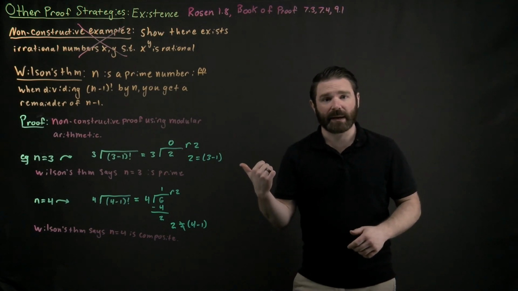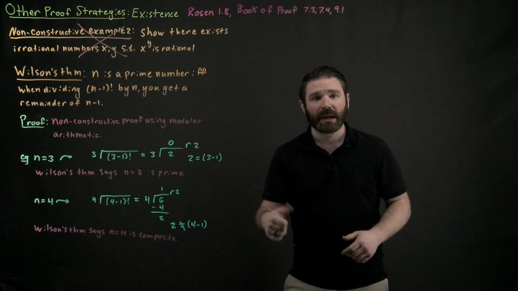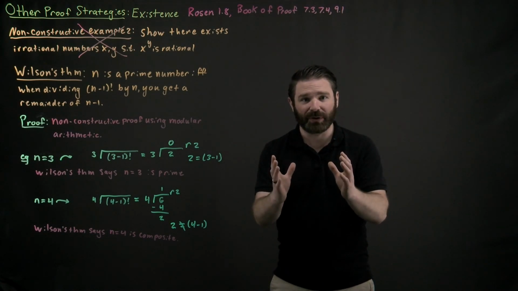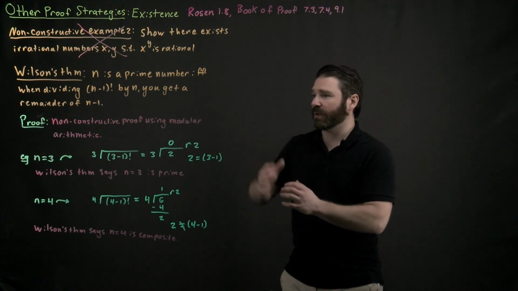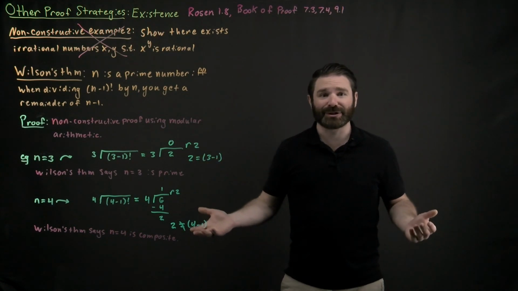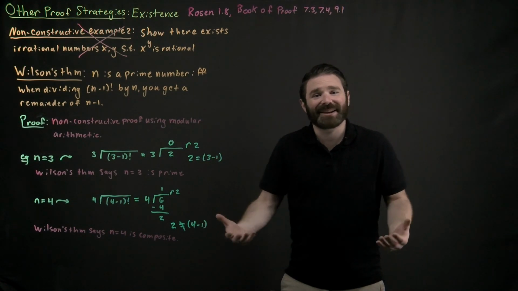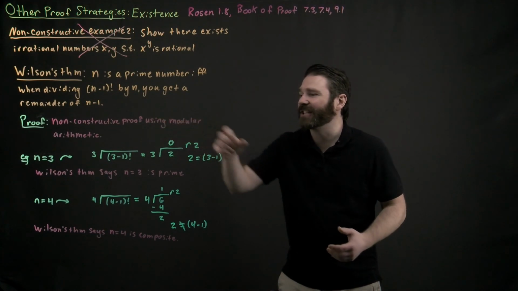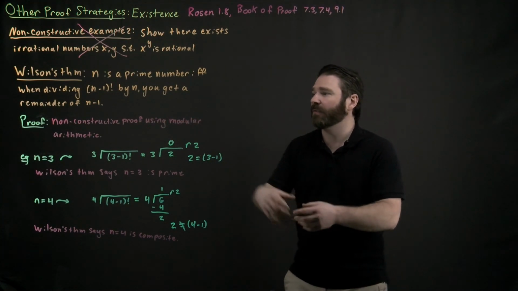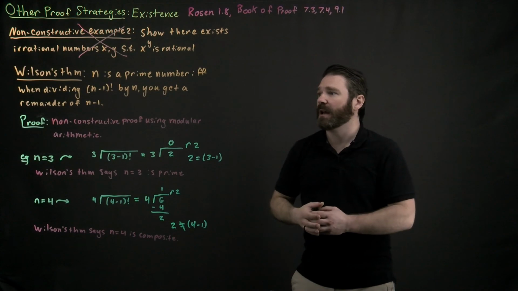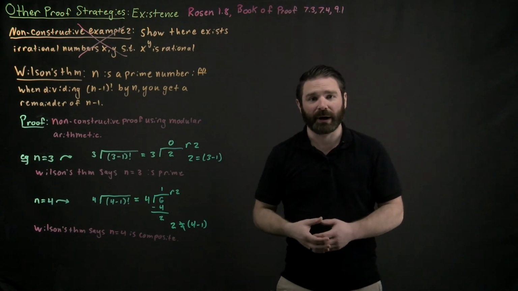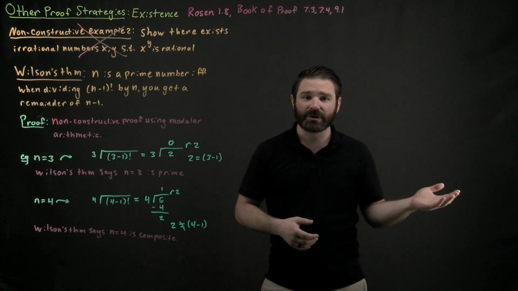So in the previous example, when we saw a constructive one, you can actually construct an example. Here, with Wilson's theorem, it'll give you an answer of true or false, but since it's non-constructive, it doesn't actually give you the factors of a number if it turns out not to be prime. So on the one hand, constructive proofs are nice.